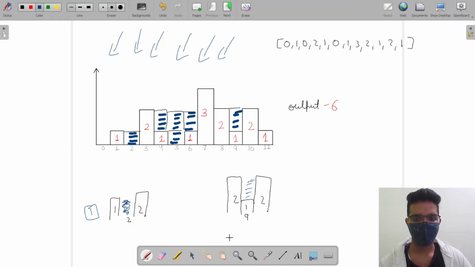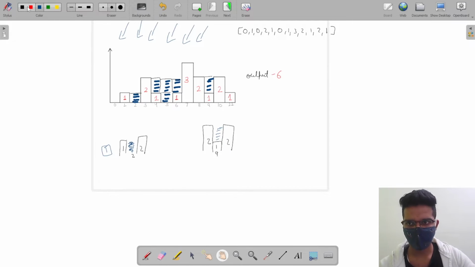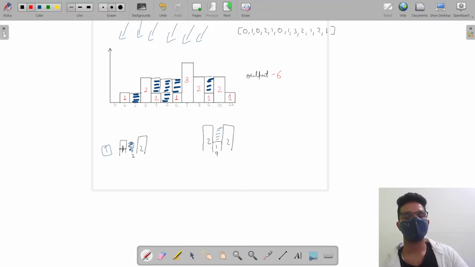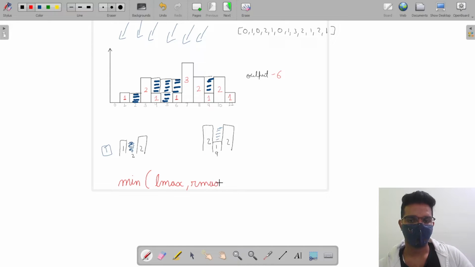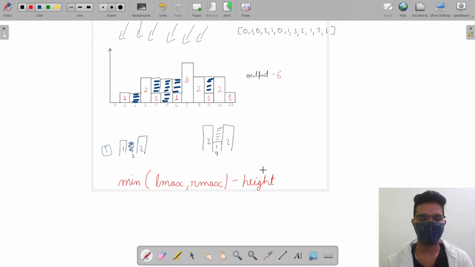So by this I can derive a formula. What is my formula? Let me write it here. Then we'll verify whether it is true or not. What I'm saying is the minimum of left max and right max, whatever is the minimum of them, minus my own height, that amount of water will get trapped at my index.